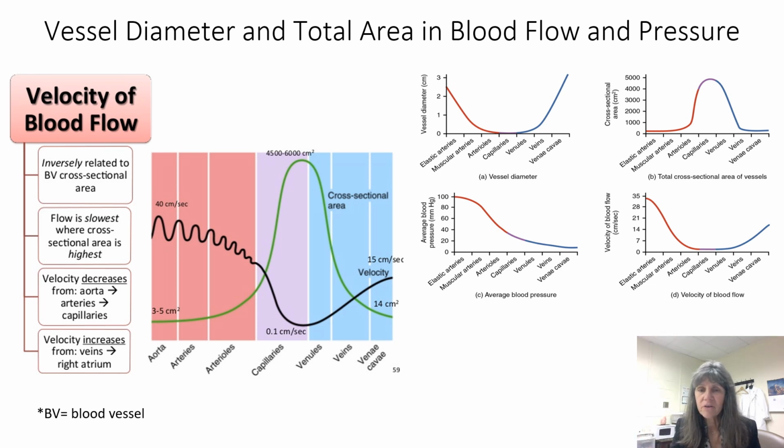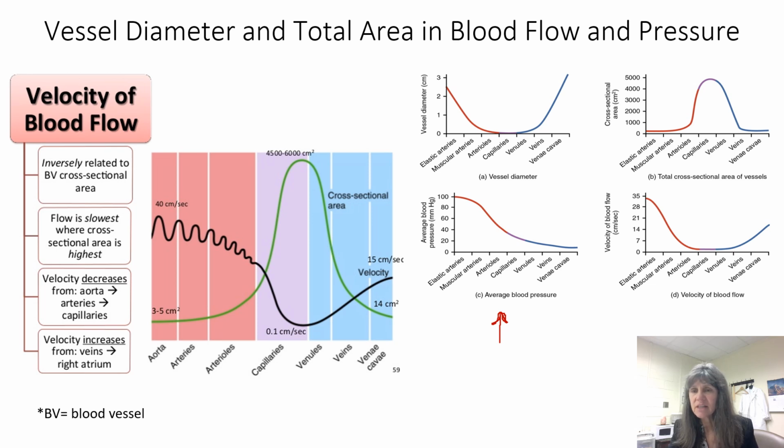And then if we look at the average blood pressure on the chart on the lower left side, we can see that the blood pressure is highest at those elastic arteries when it first comes out of the heart, and then it drops down as it comes back to the heart.